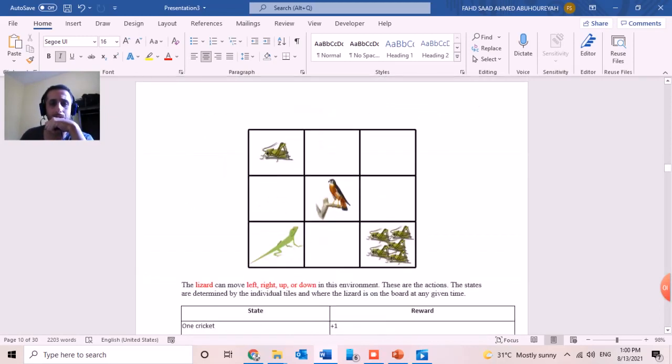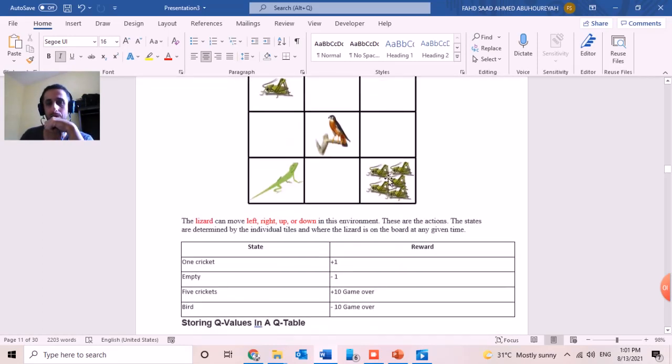We have a lizard and we have this kind of game. If the lizard goes to this area, the first block, it will get -1. If it gets to this cricket, it will have +1. If it comes to these 5 crickets, it will get +10 and the game is over.